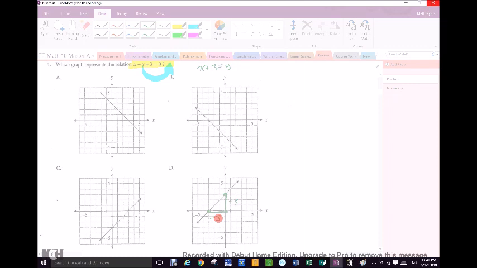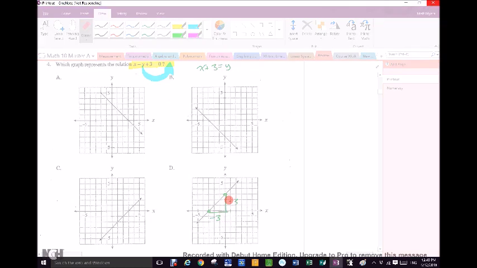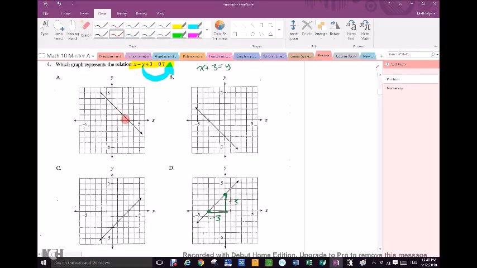How could you have worked the other way? Well, you could have taken any point on any line. For example, you could have taken that point right there, which is (3, 0), and substituted it in. Is 3 minus 0 plus 3 equal to 0?